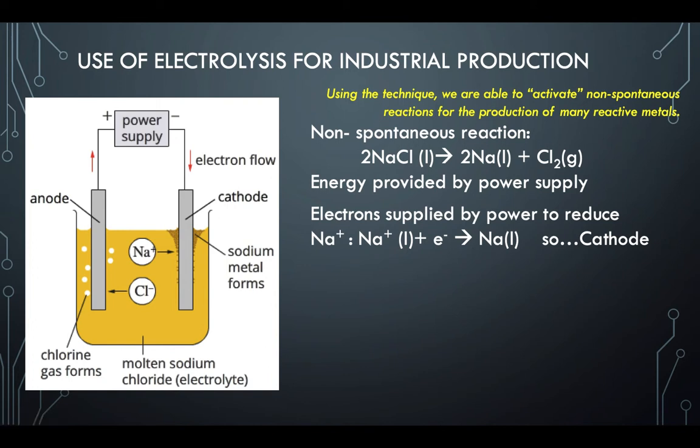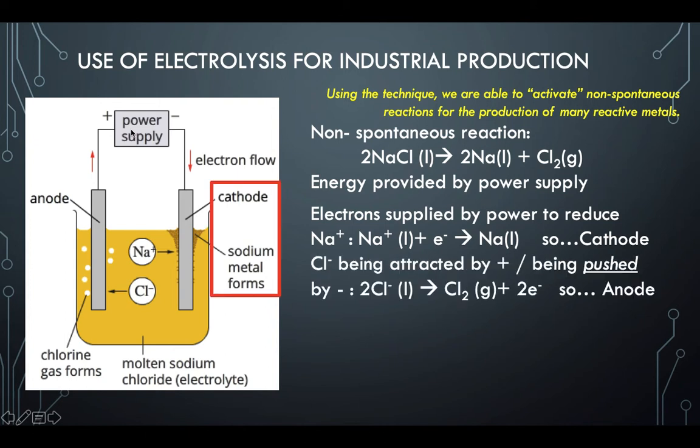Okay? On the other hand, the chloride ion in the molten electrolyte will be attracted to the positive end of the power supply. So they'll go to this electrode and donate their electrons, and the electrons can then travel back to the positive end of the power supply.